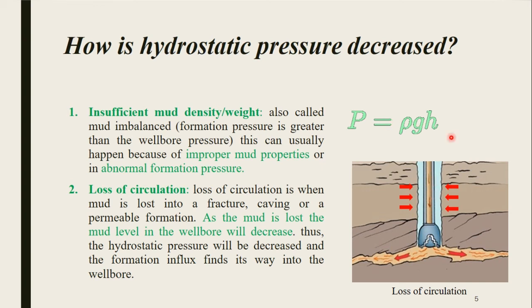Take a look at the formula. The height is represented by h. So when h decreases, meaning the level or height decreases, then proportionally the hydrostatic pressure is decreased. And then the formation pressure becomes greater than the hydrostatic pressure, and the influx flows into the wellbore, and a kick occurs, and then the mud is contaminated with the influx.